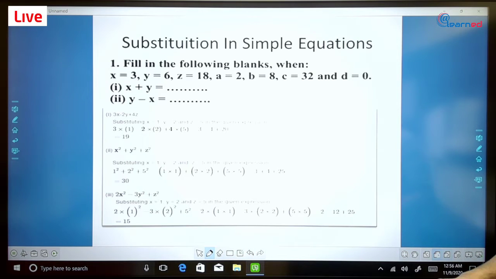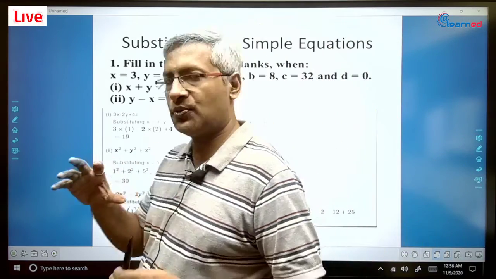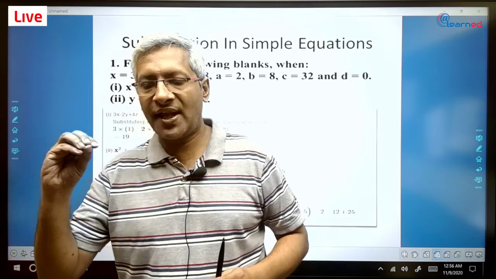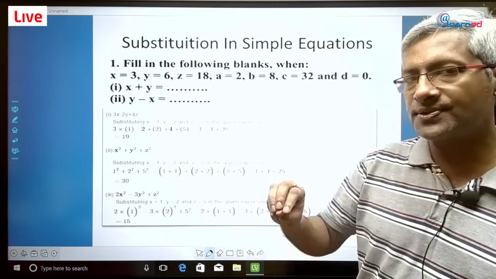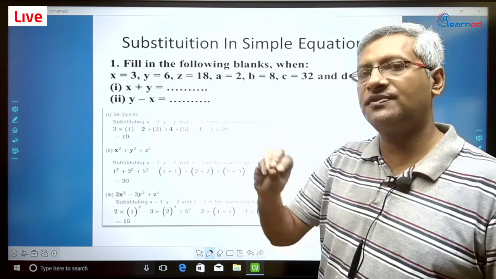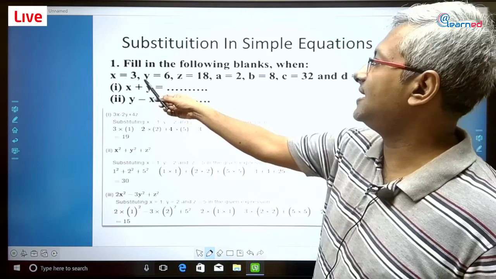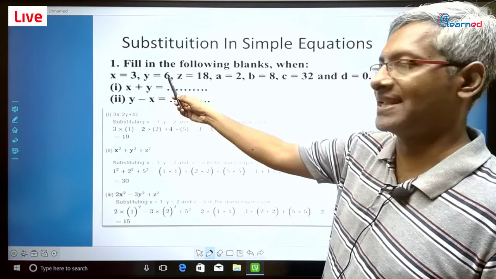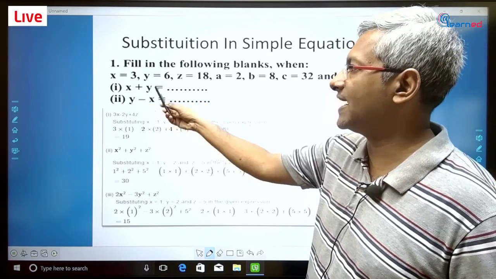Now, substitution. What is substitution? When you have an equation and when you have the values of those variables, then in the equation you can put those values and find out the value of the equation. So, over here, for example, I have said x equals 3, y equals 6. Then what would be the value of x plus y?